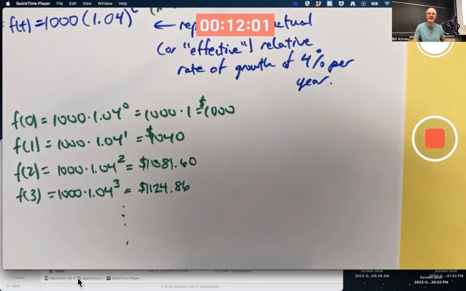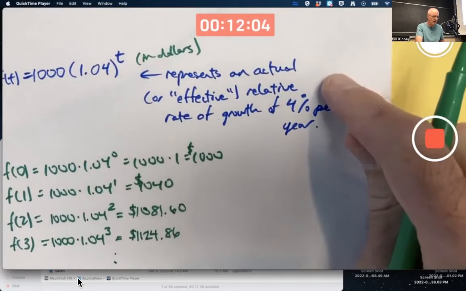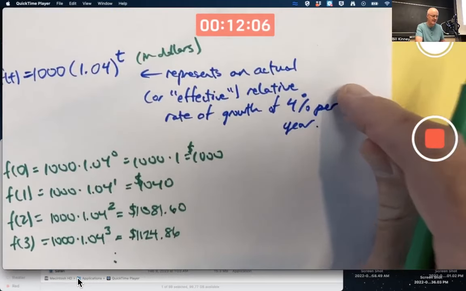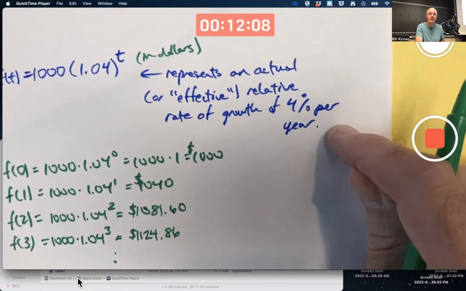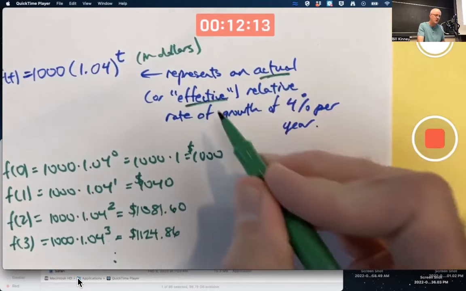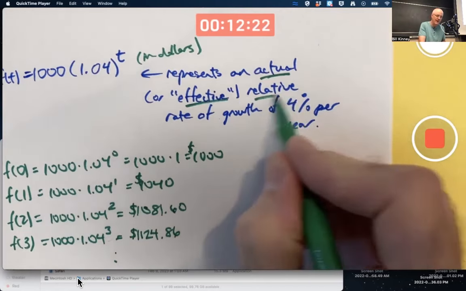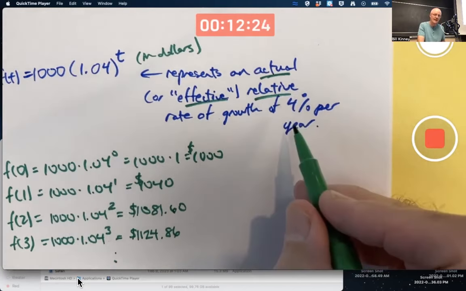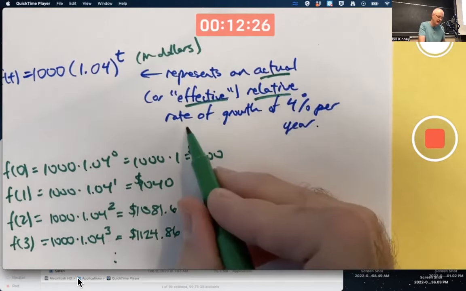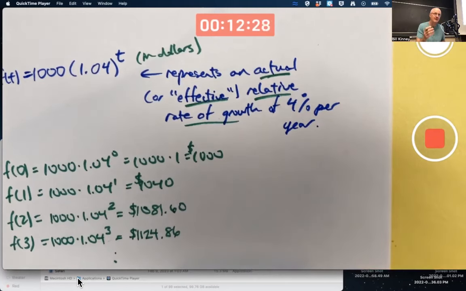That's what it means to say the actual or effective relative rate of growth is 4% per year. Your money is growing by 4% every year. Actual, effective, that means the percent rate of growth is what you actually observe or effectively observe. The word relative is different, is to emphasize the rate of growth is a percent rate, not an actual rate. I'll explain what that means here in a minute.